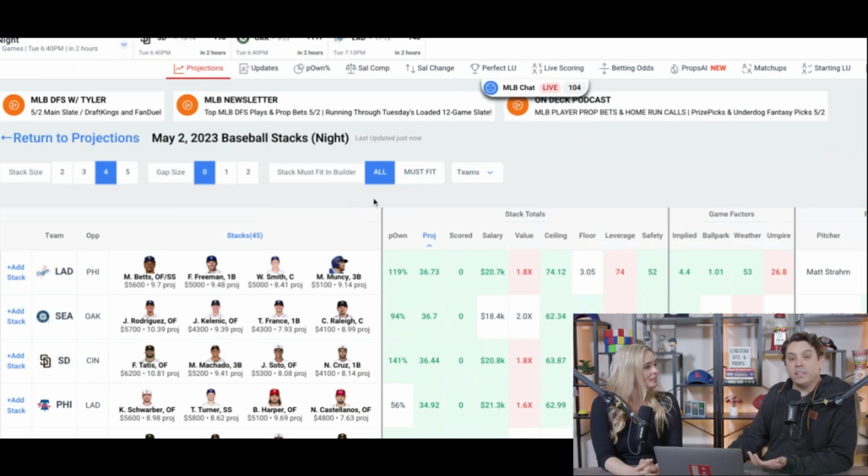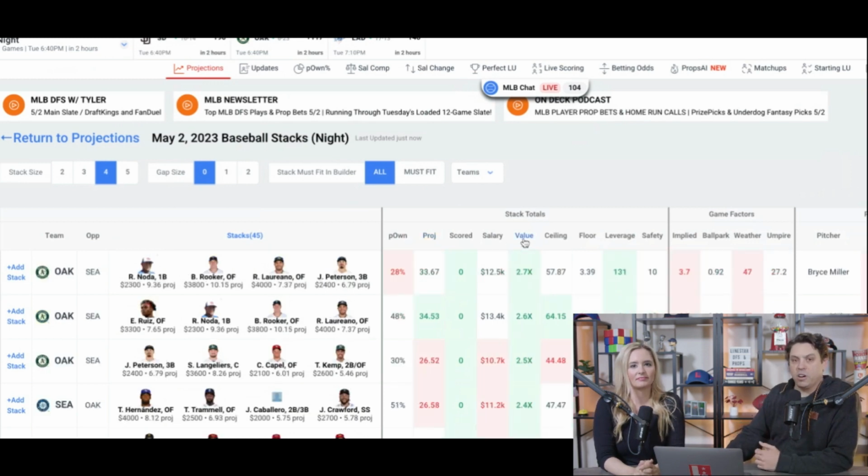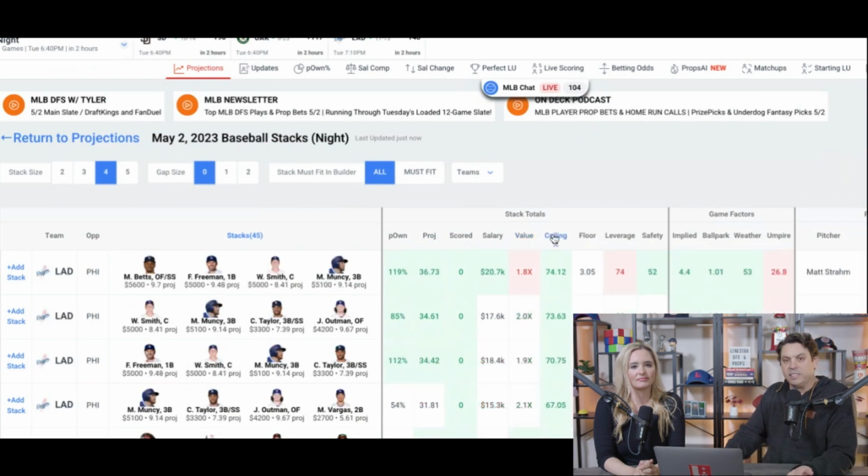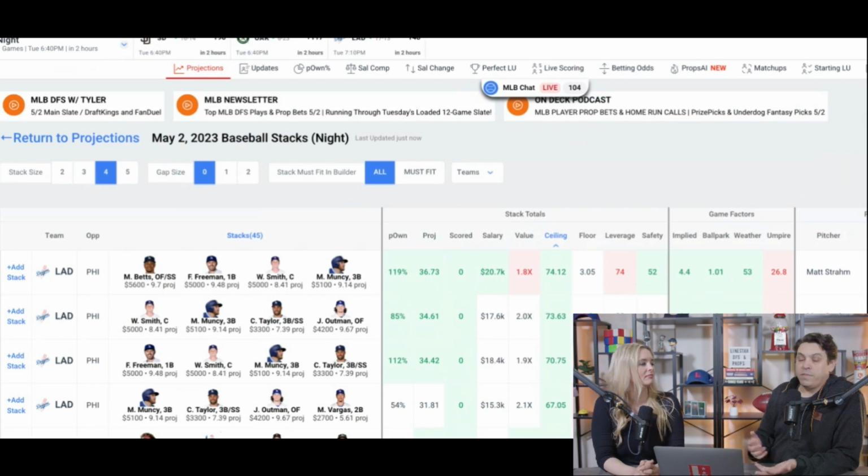But I like to click through pretty much all of these buttons, see what their highest projected is, see what the best value stacks are, see what the highest ceiling stacks are, go through the bullpen numbers, and get an idea of the numbers of pretty much all the teams and how it works together, understand what those ranges of outcomes are, and then try to figure out where I think the field isn't going where they probably should.